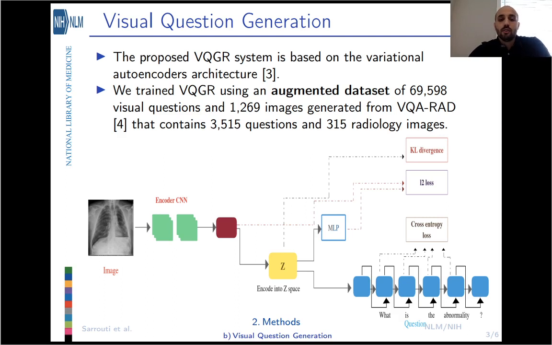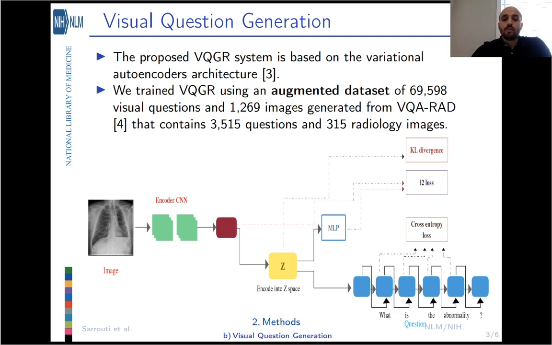The variational autoencoders encode the images to a latent representation and decode both the question and image feature vector from the sampled latents. In our system, we used a CNN to encode images to a latent space and an LSTM decoder to decode questions. The final loss of our model consists of KL divergence, reconstruction loss, and the generation loss.